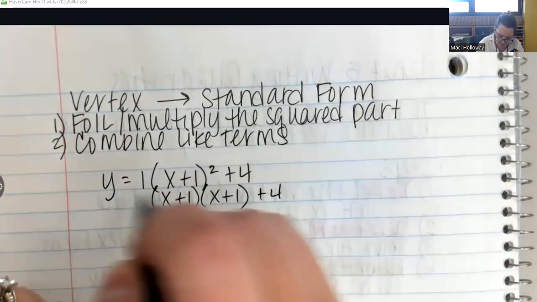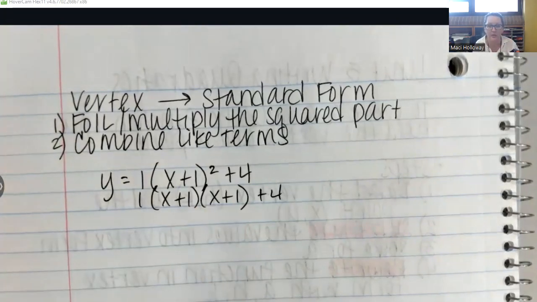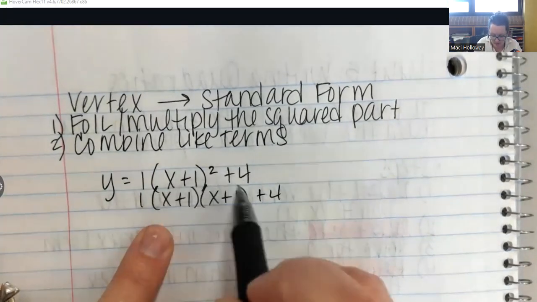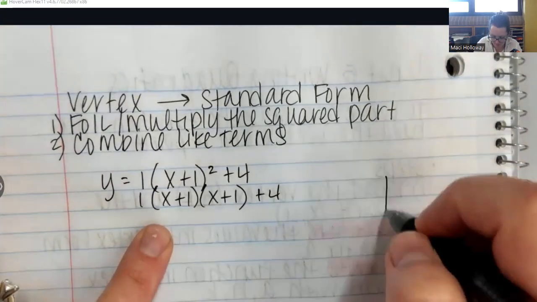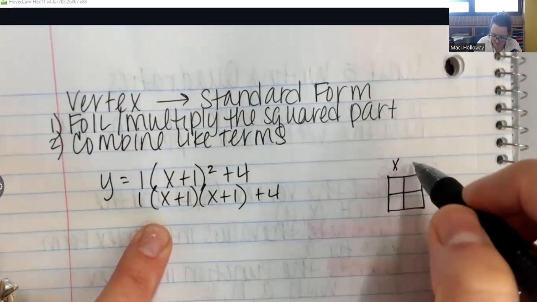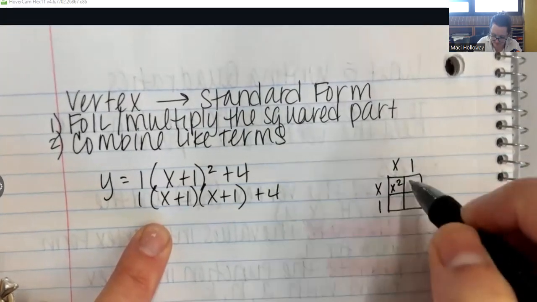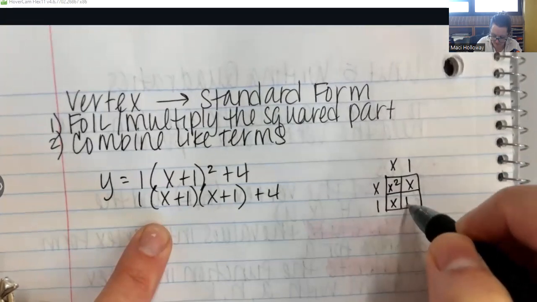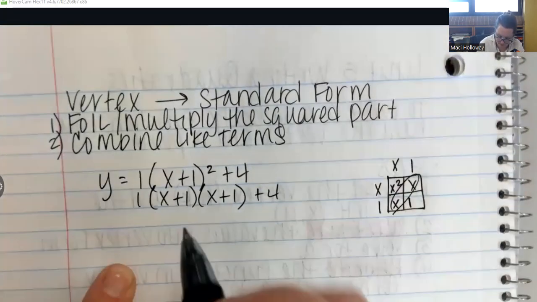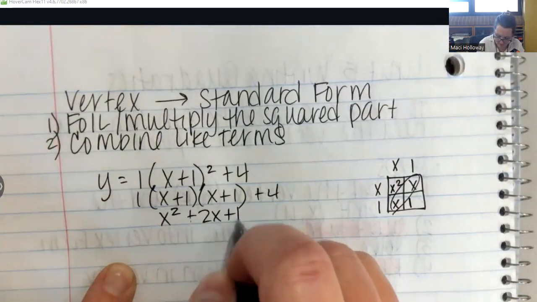We have to multiply these together before we can combine like terms. You can either do first, outside, inside, last, or you can use the box method that we've done several times. So x plus 1 times x plus 1 gives us x squared, x, x, and 1. Combine like terms: x squared plus 2x plus 1.